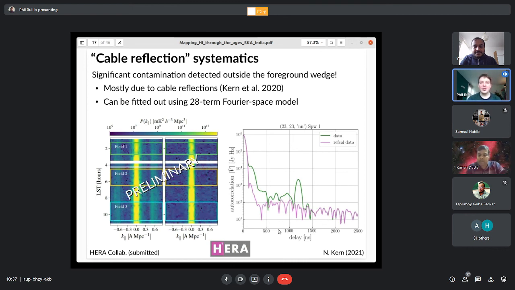The old PAPER receivers don't go down to such low frequencies. That's a data set we call H4C for some reason, and it's currently being analyzed. We could look at the power spectrum in that band already, but we wouldn't even trust our calibration enough to do that internally yet.